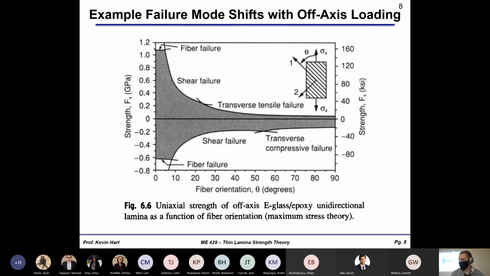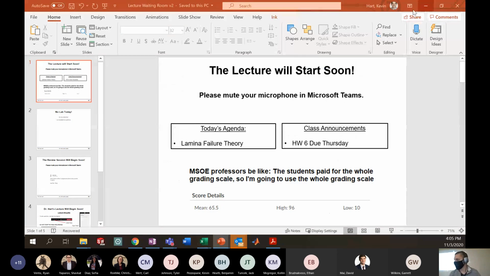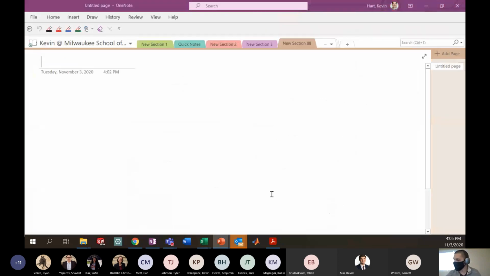All right. Okay. So that's about where we left off. And now we'll move on to new material, which is the next theory, and that is max strain theory. It will look very similar to the maximum stress theory. This one isn't used nearly as often.